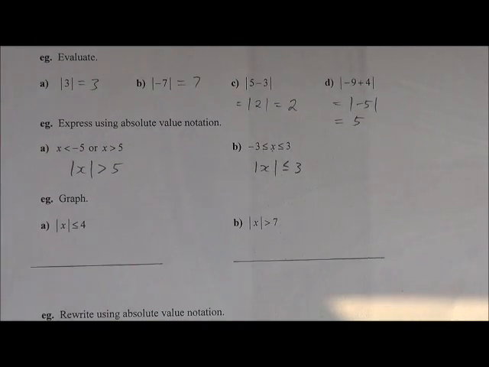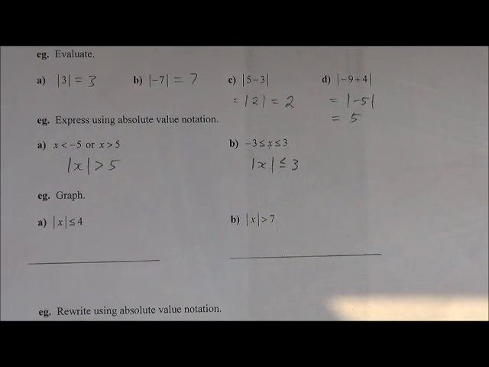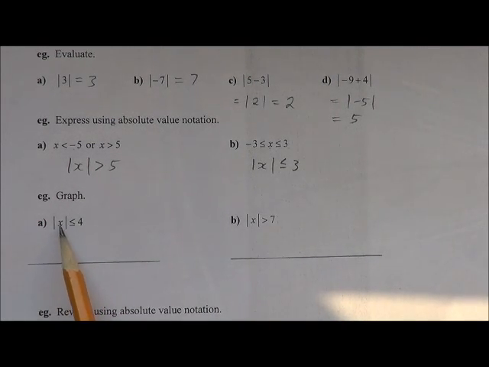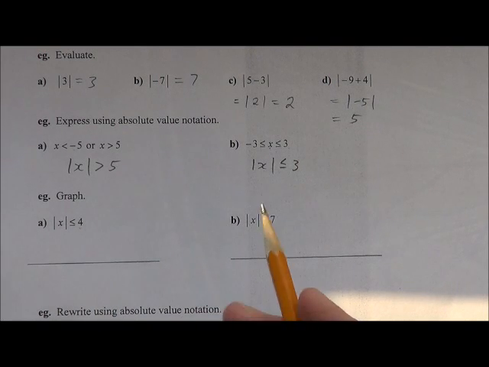Now we move along to doing a little bit of graphing on a number line. We see here that the absolute value of x is less than or equal to 4, so x is less than or equal to 4 units from the origin.